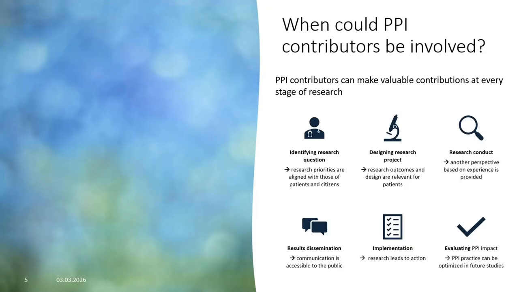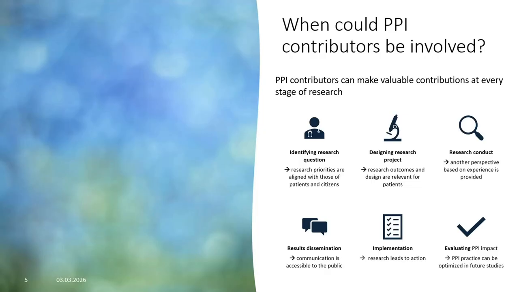I won't repeat what was just said, but just to tell you a few examples. If you include them to identify a research question, they can help you to fix research priorities that are aligned with those of patients and citizens. If they are involved in the design of the research project, you will ensure that the research outcomes and design are relevant for patients.